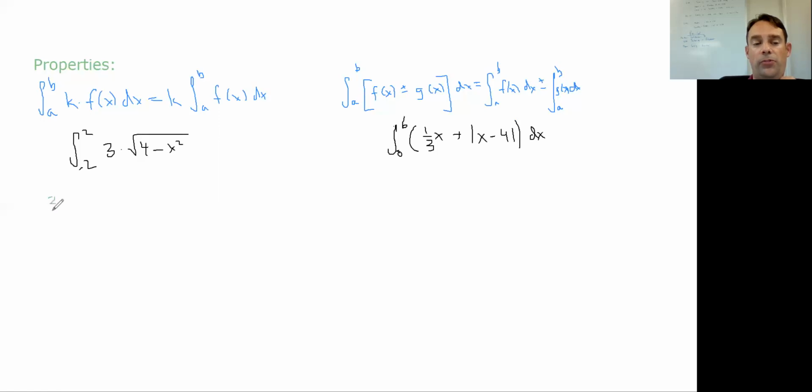All right, so if I'm looking at this, the first thing I'm going to do is pull my 3 out. So I pull it out of my definite integral. I just realized I forgot the dx on that, didn't I? And if this right here is going to be my y value, so y equals the square root of 4 minus x squared, I realize I'm dealing with a circle again.